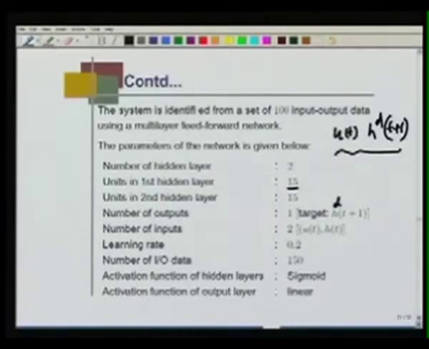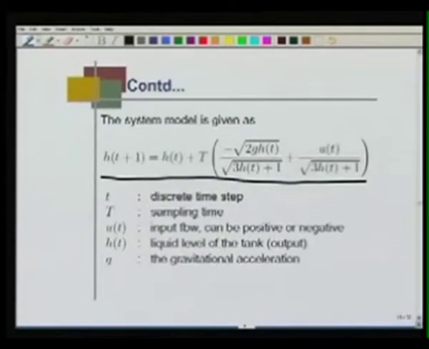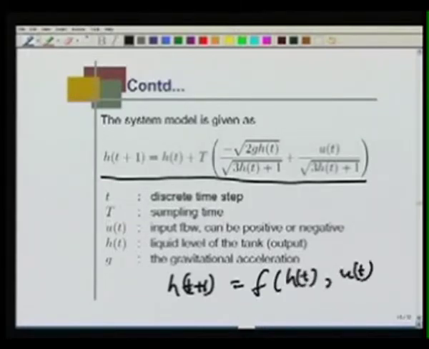But you can see here how we select. In a backpropagation, feed forward network, if I give ut, I cannot compute st plus 1. You can easily see st plus 1 is a function of st as well as ut. So, st plus 1 is a function of ht and ut. All right.